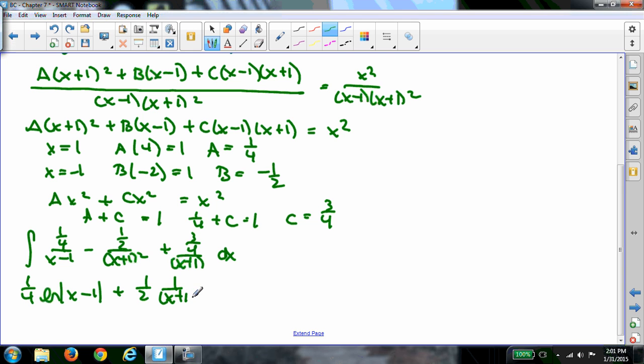And that's because it's not a natural log, that's just a power rule. That's like x plus 1 to the negative 2. So the antiderivative would be negative x plus 1 to the negative 1. Plus 3/4 natural log of the absolute value of x plus 1 plus c.